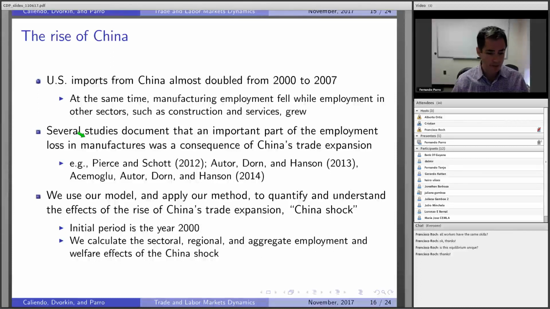Our initial period is going to be the year 2000, and we are going to compute many results. Since we have this general equilibrium model, we can compute many outcomes that we are interested in. We are going to compute the sectoral, regional, and aggregate employment effects and, crucially, because we have a general equilibrium model, the welfare effects of the China shock.